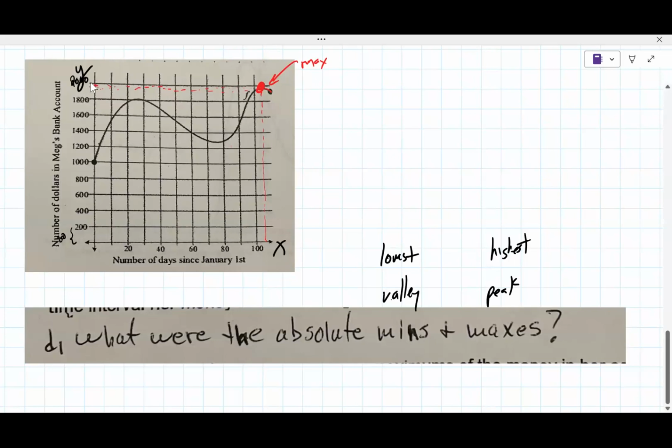I'm asking you for the y value. What's the y value right here? 2000. Well, it's not quite there, it's a little below that. 1990. Okay, yeah, that's acceptable. So 1990.